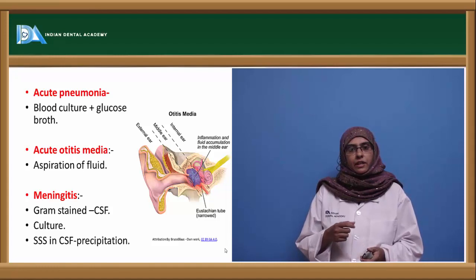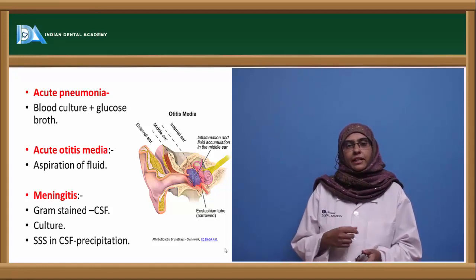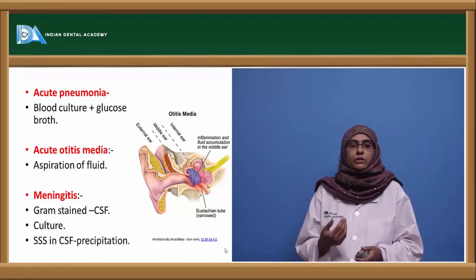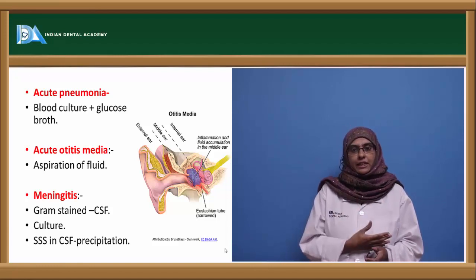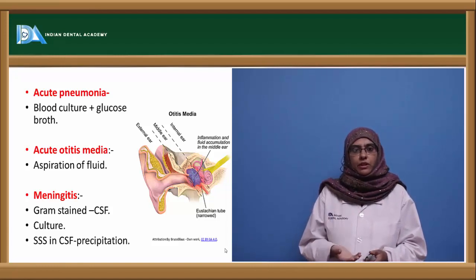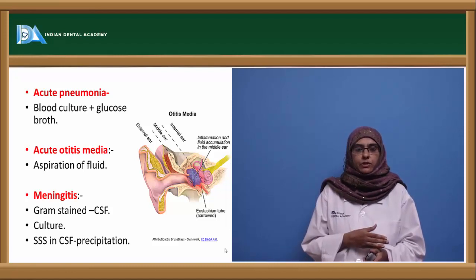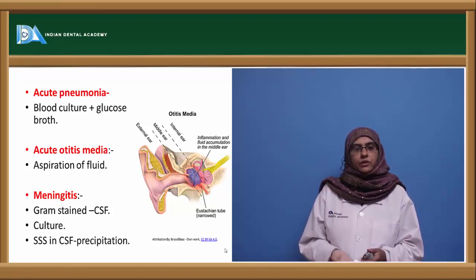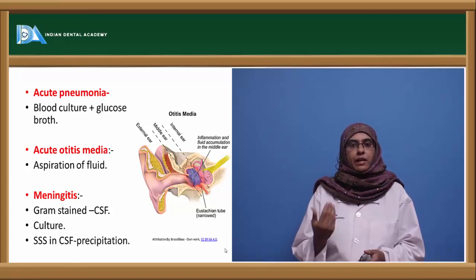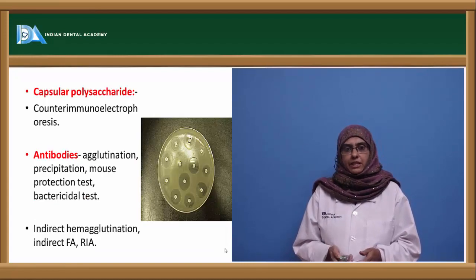So here in the serological testing, we are going to identify the antibodies that are produced against the organism's antigenic characters. So the most important one is the specific soluble substance towards which the antibodies are produced. So these are demonstrated usually in the CSF, which can be identified with the help of the precipitation technique.